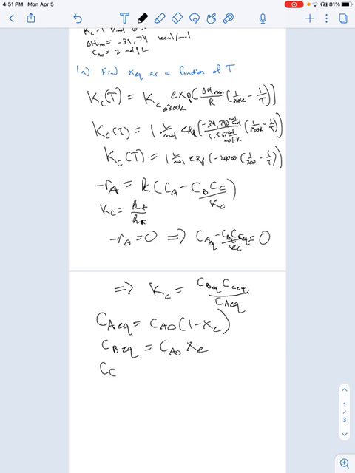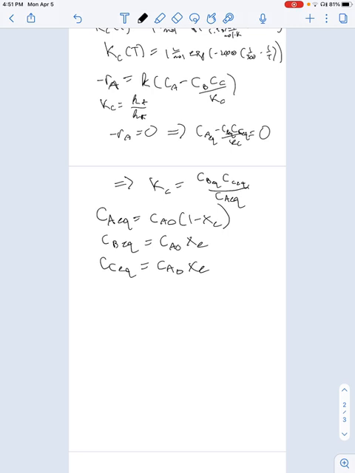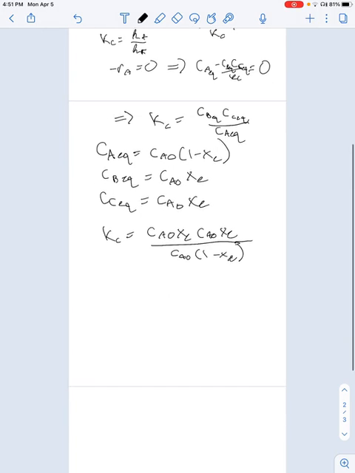And same for Cc, it's 1 to 1 with A, it's a product, and there's none fed, so Ca0 times Xe. Now we can plug these into our equation for Kc. So Kc will equal Ca0 Xe times Ca0 Xe divided by Ca0 times 1 minus Xe. And we're going to move this to the other side, and then we'll get a quadratic.